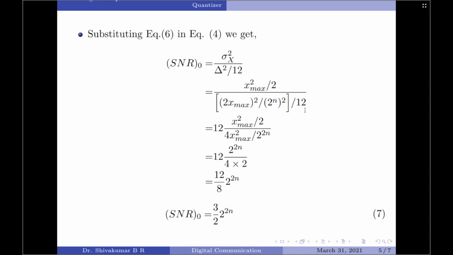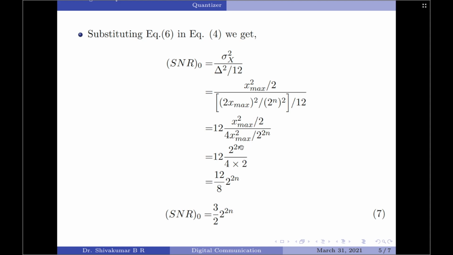It should be noted. Let us now simplify this part. I will take 12 to the numerator first. So it will be 12 into x max square divided by 2 in the numerator, divided by, in the denominator, 4 x max square divided by 2 to the power of 2n, which is what is written here. Let us first cancel x max square and therefore we will have a new equation given by 12 into, the denominator term here comes to the numerator.